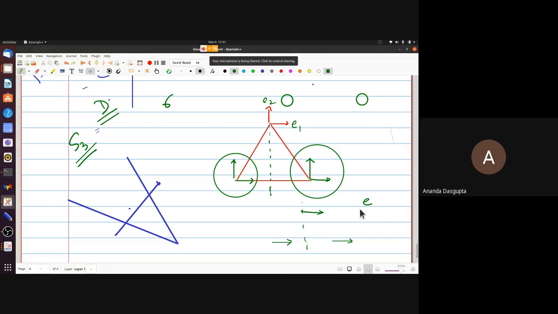But if you apply A on this, will this not change? Okay, it should change. It will change, right? Yes, it will flip over. If you apply B on this, it will sort of turn through by 60 degrees or something. So this definitely is not that particular mode, not the eigenmode corresponding to the identity representation.